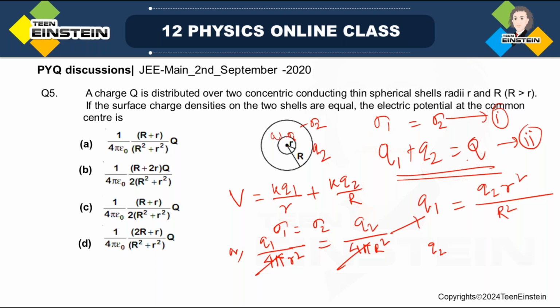I'll get Q2 into r square divided by R square plus 1, equal to Q. So this means Q2 is equal to small r square, capital R square divided by R square into Q. This is Q2. I'm sorry, this is actually just the opposite.